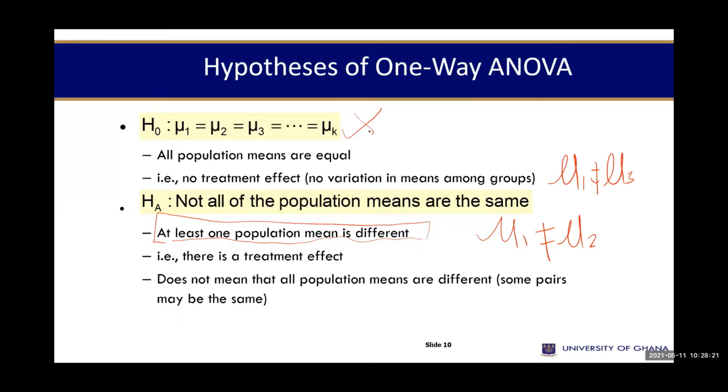So we'll be looking at pairwise comparison. I'll pick population 1 and population 2, use some methodologies to check whether indeed they are different or they are the same. Then I'll pick another pair, maybe mu1 and mu3, to check if they are the same or not. So ANOVA helps us to do all this analysis.